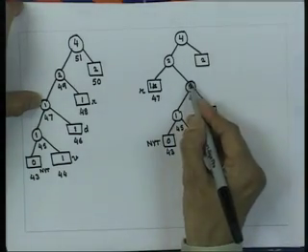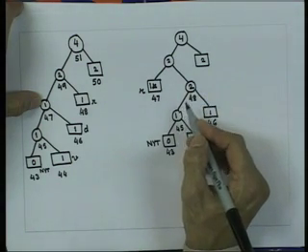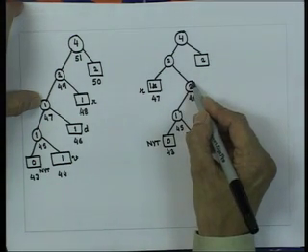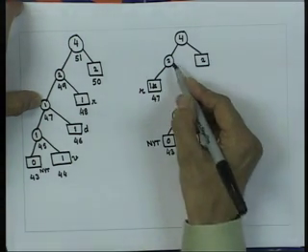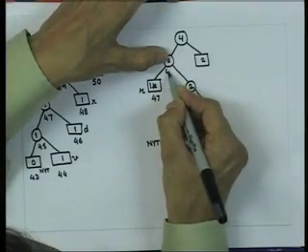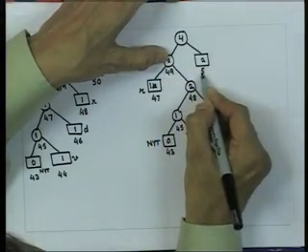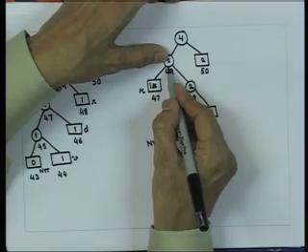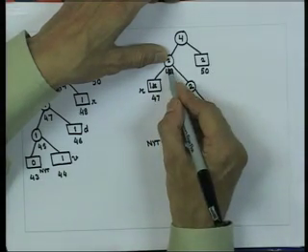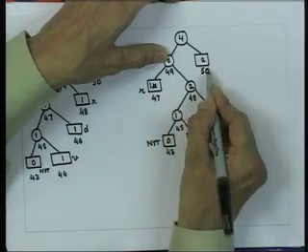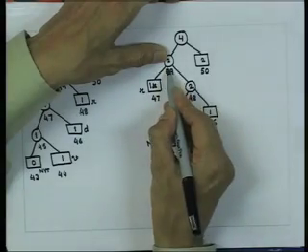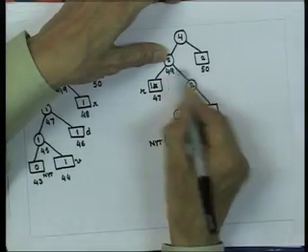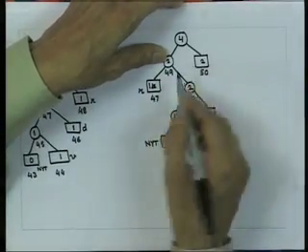Now after I have incremented the weight, I look at the parent node of this, the parent node of this is this. Now again this node does not have the highest number in the block. The highest number in the block is possessed by the node number 50. So I have to swap this node with 50 and then increment the weight.